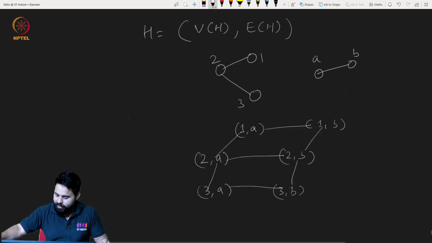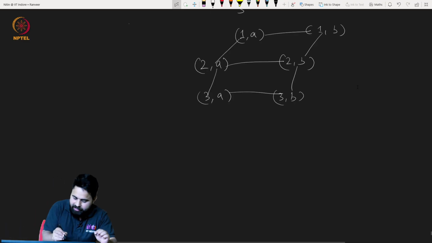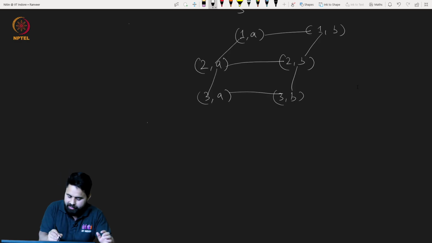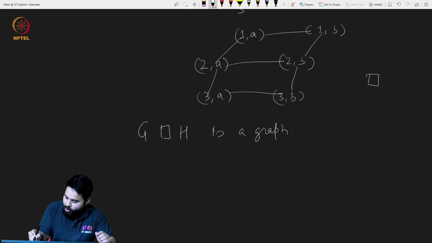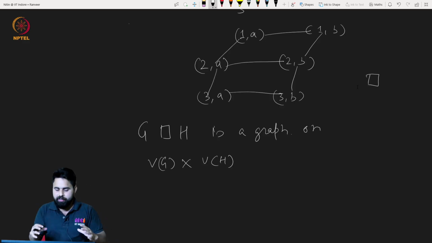Basically, the Cartesian product of G and H, which we will denote by G box H, is a graph on V(G) cross V(H), again a Cartesian product, this time of vertices. Basically you take pairs, one from V(G) and one from V(H).